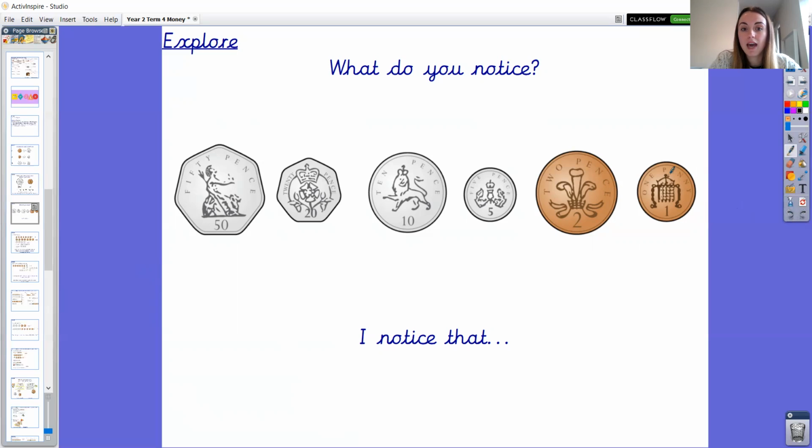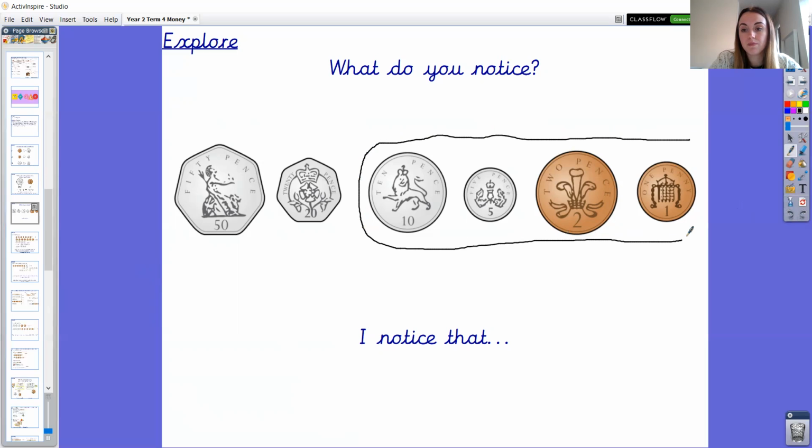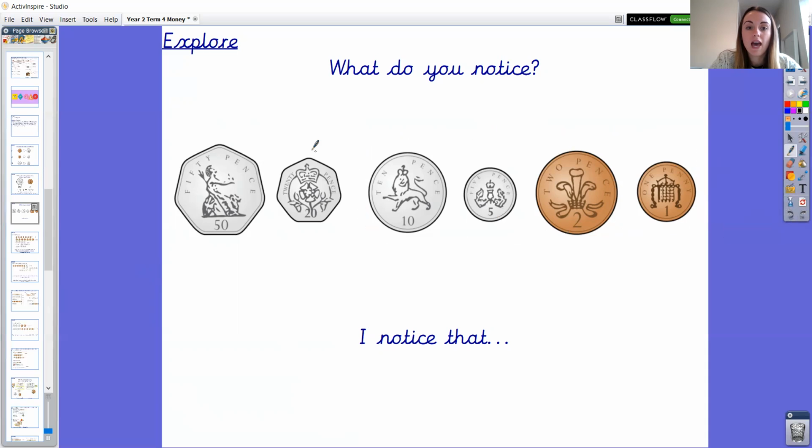So as you can see here, we have these coins which are in the shape of a circle, whereas the 50p and 20p have a different shape. I also notice that whilst these coins are in order based on their value, so we could read it from smallest to greatest if we were going this direction, or alternatively, we could look at it from greatest to smallest in this direction.